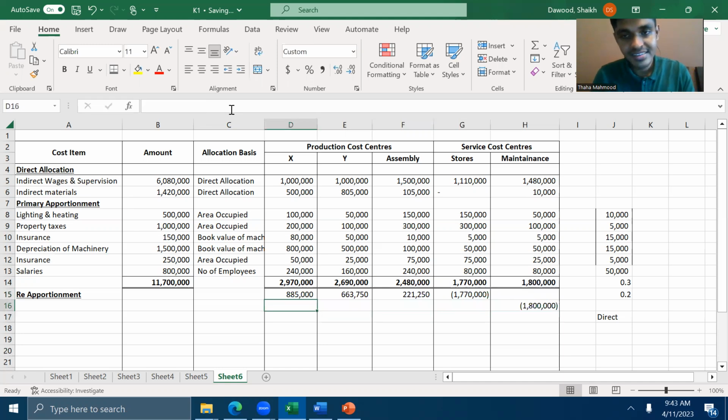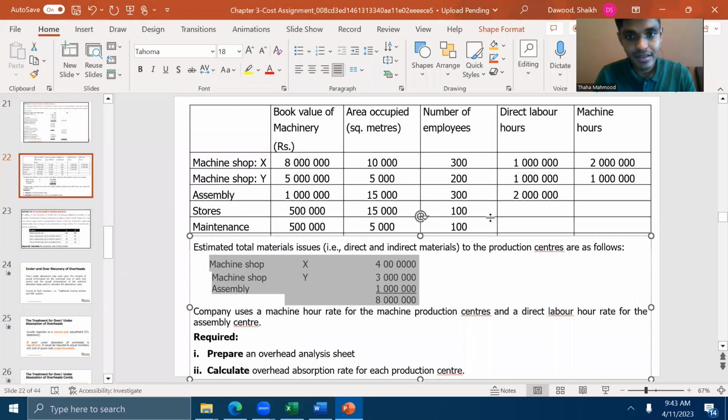That one, since the maintenance department, they haven't given a basis here. All right, now we have to find a suitable basis out of this information they have given here.